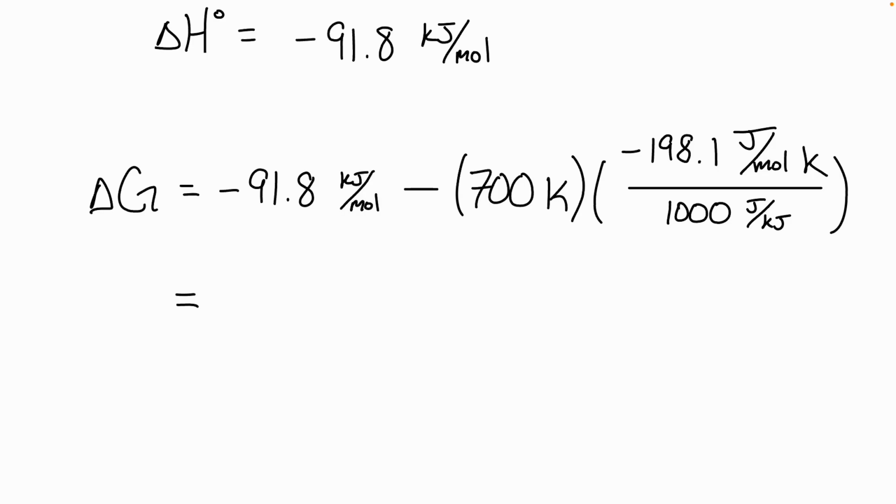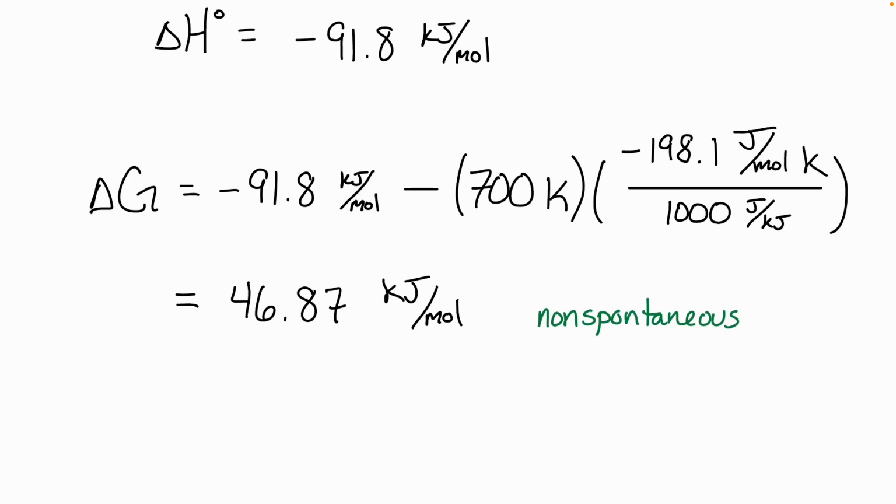So then in the end, my answer will be in kilojoules per mole, which is a typical way of representing free energy values. And indeed, I have a positive 46.87 kilojoules per mole. So now we have reached a high enough temperature where this reaction is no longer spontaneous.